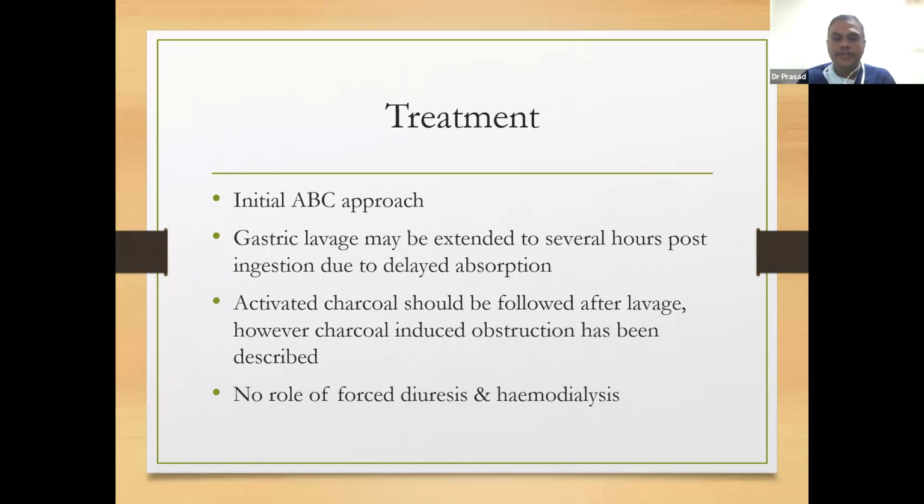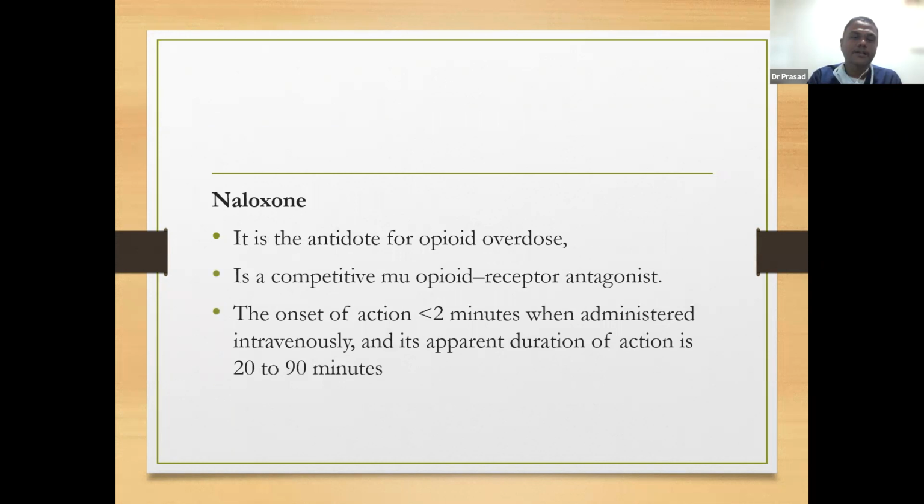But in opioids we can have delayed gastric lavage also because of reduced GIT motility and delayed drug absorption. Activated charcoal should follow lavage. However, charcoal-induced obstruction has been described. No role of forced diuresis and hemodialysis, as it is not a dialysable drug.